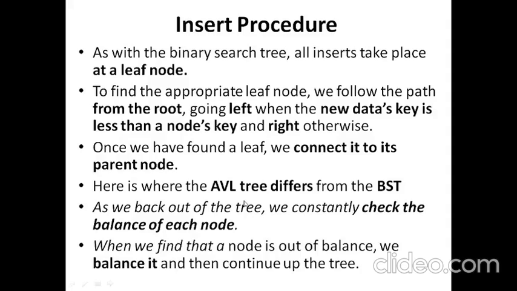Whenever we find that after insertion the tree has lost its balance, then we must rebalance the tree. And one more point is that it's not necessary that every insert should result in balancing, because an insert will need balancing only if it has caused the tree to go out of balance.